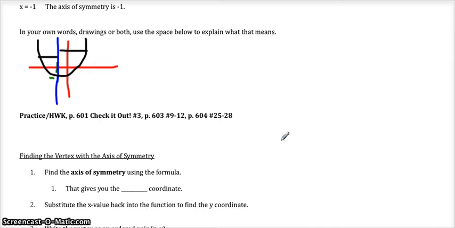Let's take a look at page 601. Check it out, number 3. Find the axis of symmetry of the graph y equals 2x squared plus x plus 3.